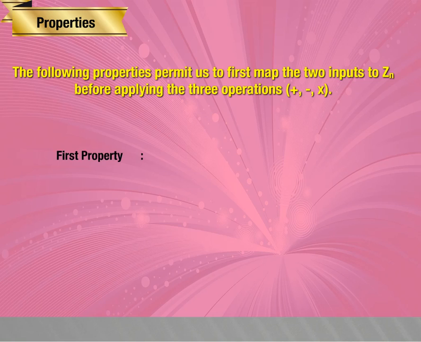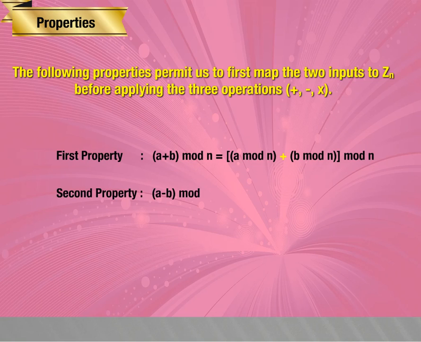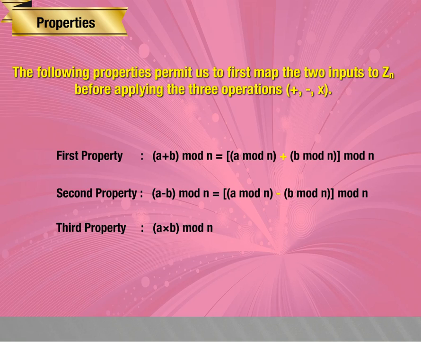First property: (a + b) mod n is equal to [(a mod n) + (b mod n)] mod n. Second property: (a - b) mod n is equal to [(a mod n) - (b mod n)] mod n. Third property: (a x b) mod n is equal to [(a mod n) x (b mod n)] mod n.